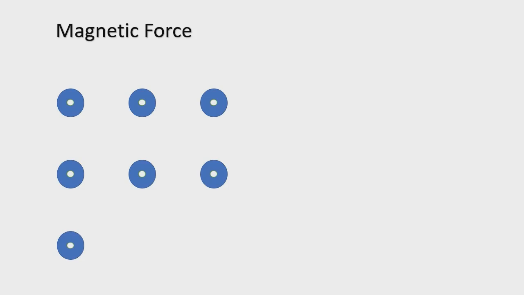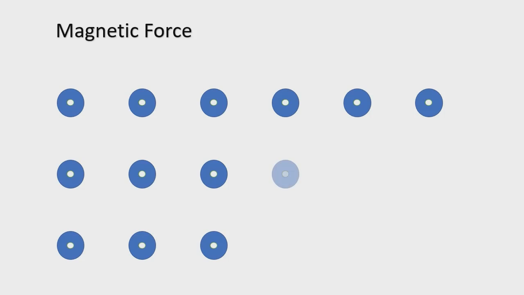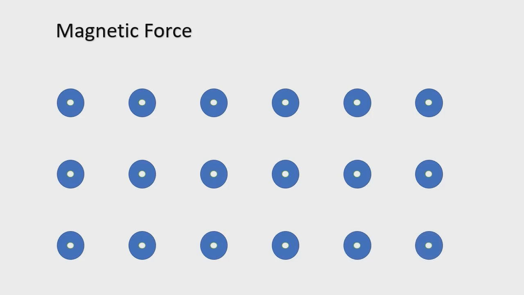The magnetic force. Supposing there are several magnetic field lines that are directed towards the observer, and a particular charge given by the symbol Q is found to be within these magnetic field lines.